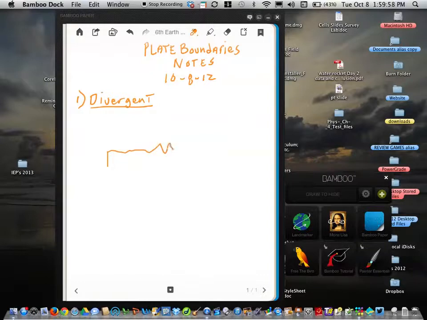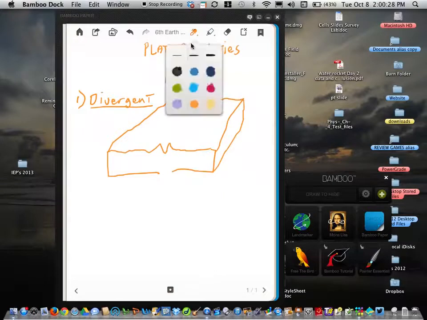we'll just draw this boundary here. And divergent boundaries show up where two plates are moving apart. Two plates moving apart.